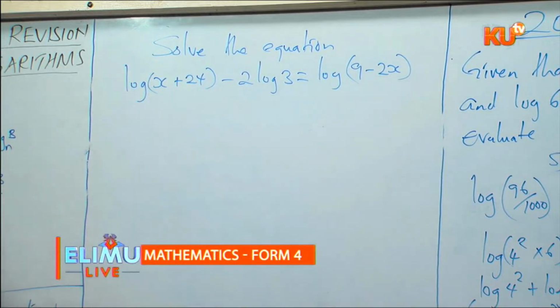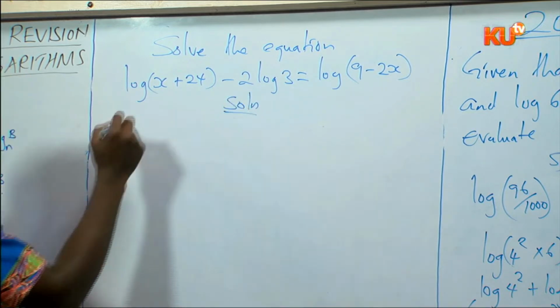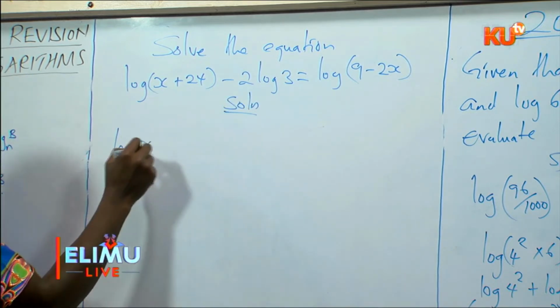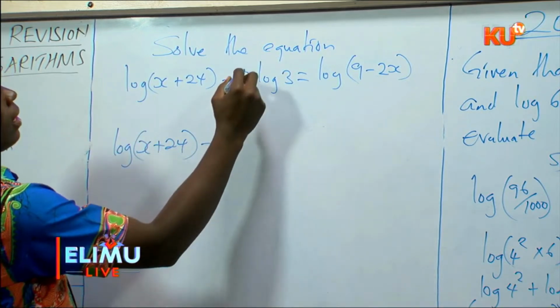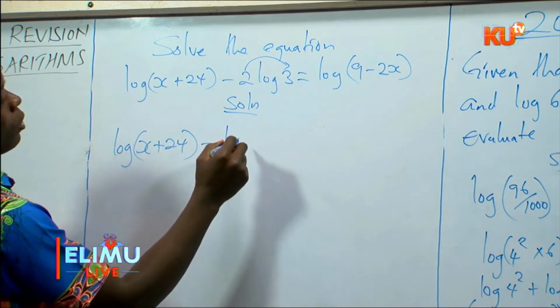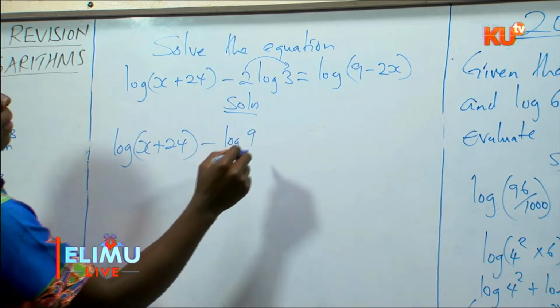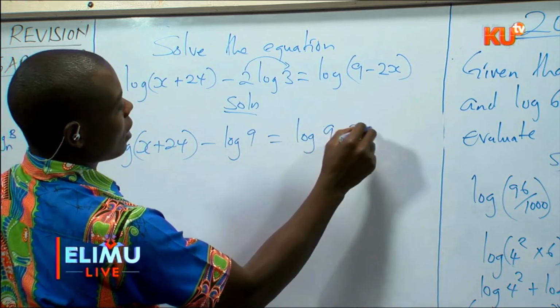So we'll start. We have log of x plus 24, minus, this 2 log 3 becomes log 3 power 2, that is 9, equal to log of 9 minus 2x.